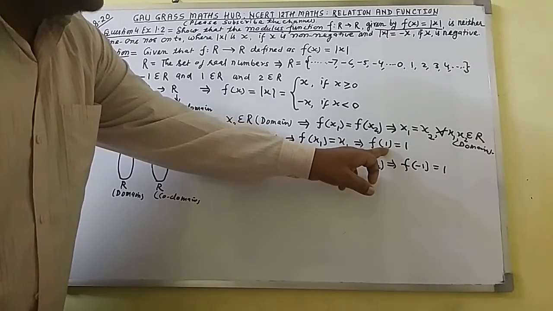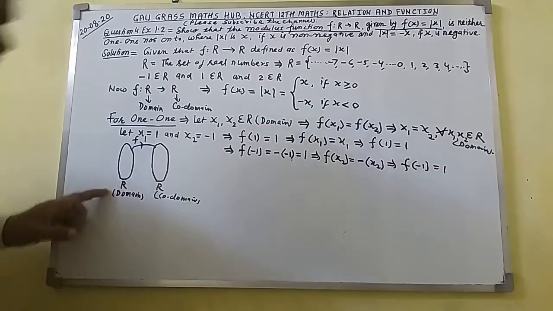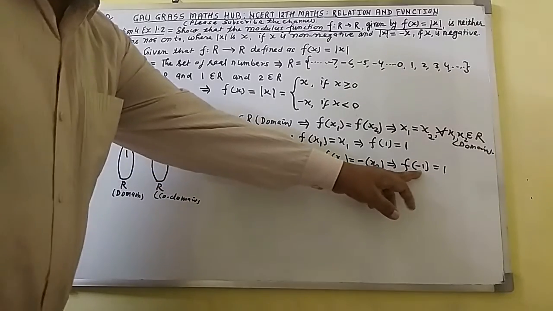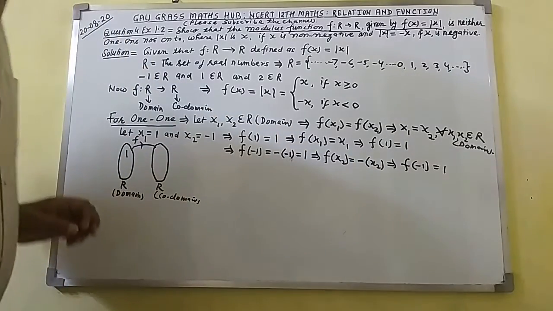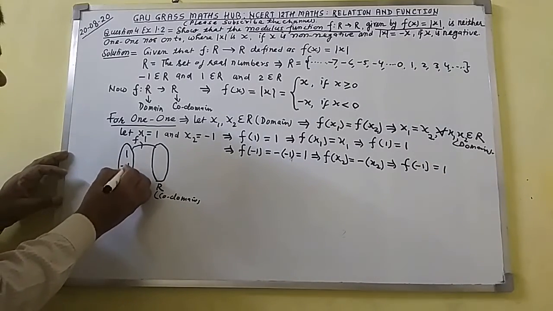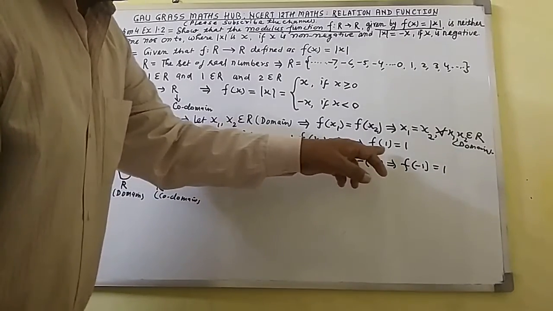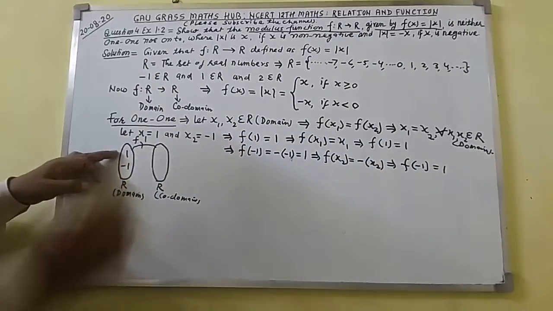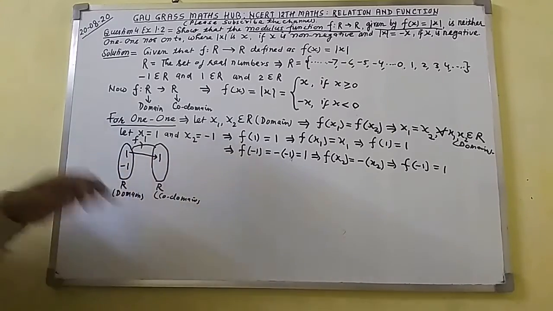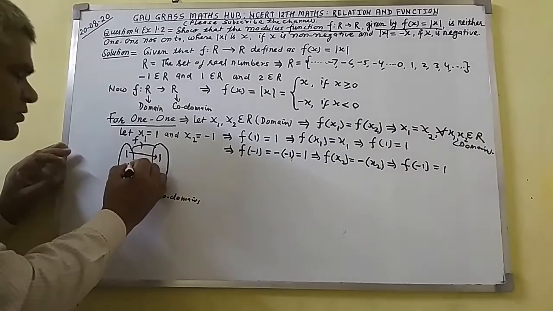This means that this 1 will belong to domain capital R. And here you can see -1. The -1 will belong to capital R domain. So here write -1. Now here you can see the image of 1 is 1. So this is image. And the image of -1 is also 1.